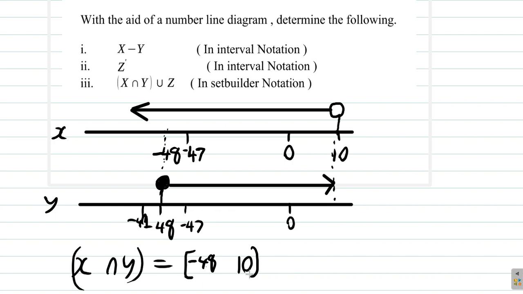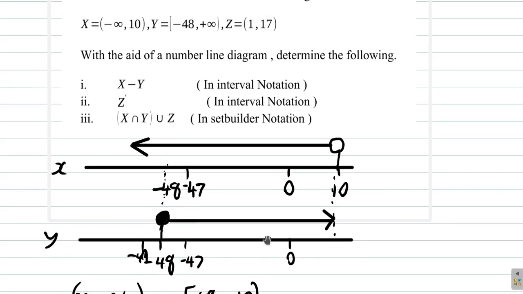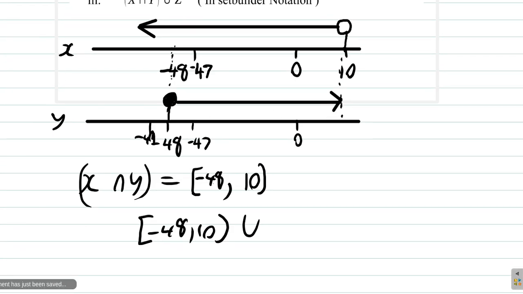So here now, we have this part. Now that union z. So we have negative 48, 10, union, what is z? That is 1 to 17.